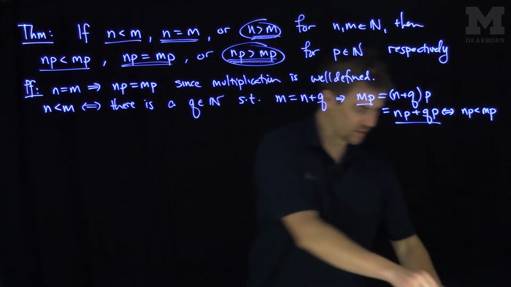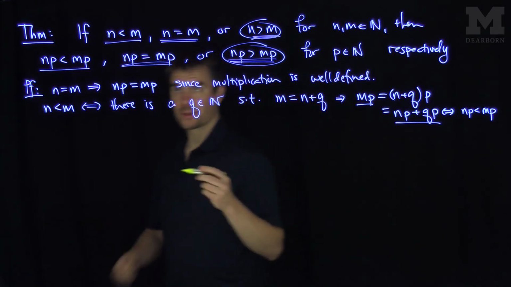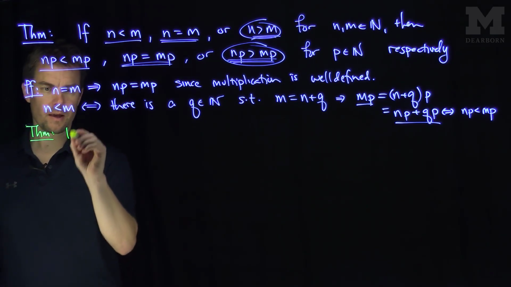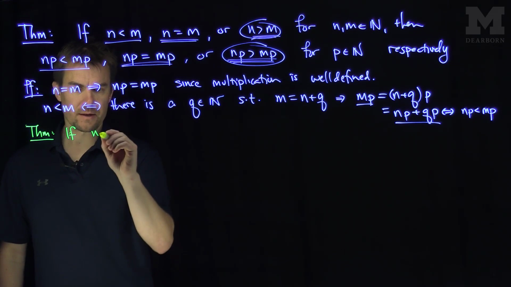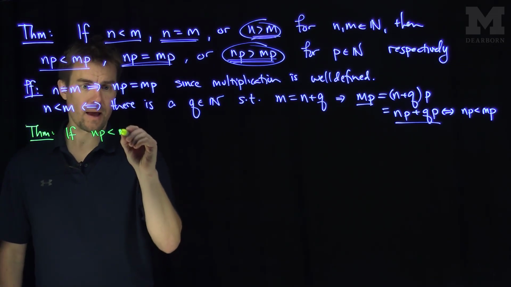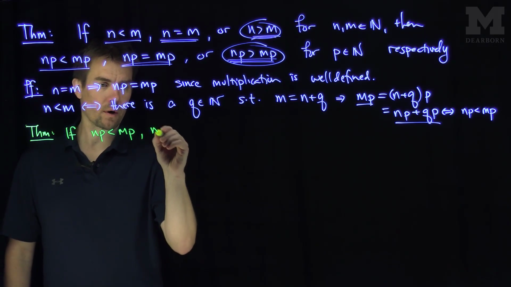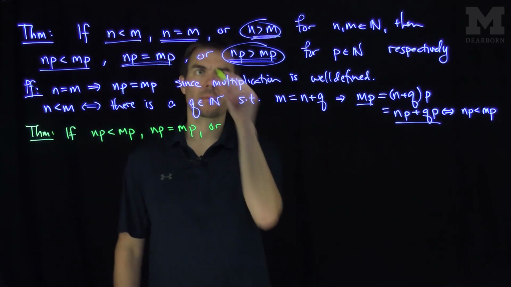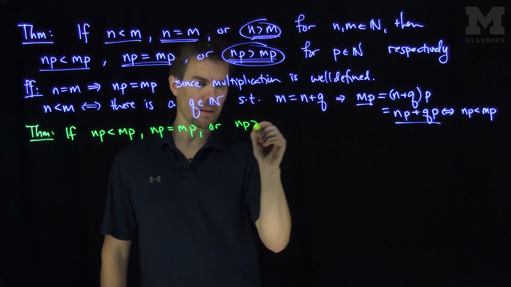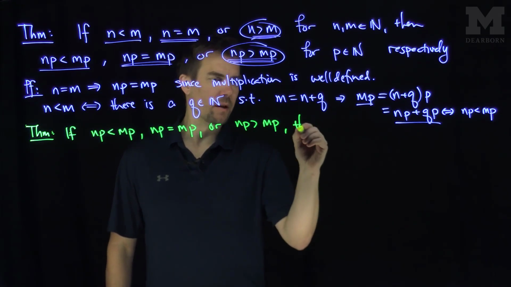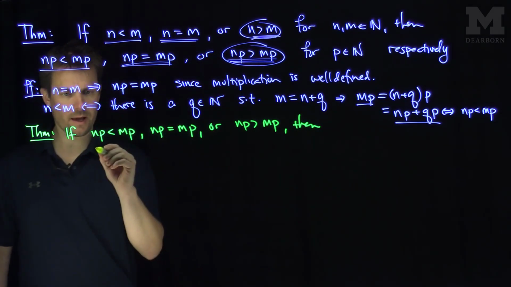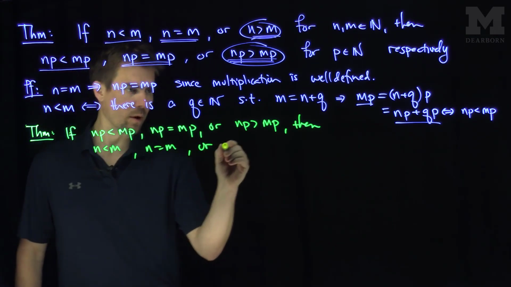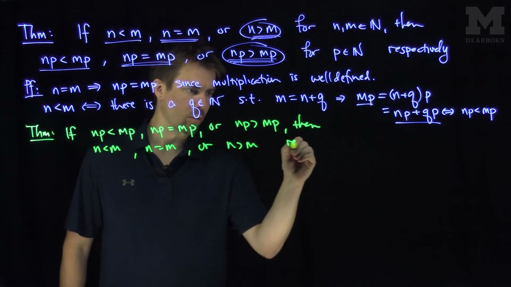Let's prove our second theorem. Our second theorem actually just follows immediately from this. The second theorem states that if n times p is less than m times p, or np equals mp, or np is bigger than mp, then n is less than m, or n equals m, or n is bigger than m, respectively.